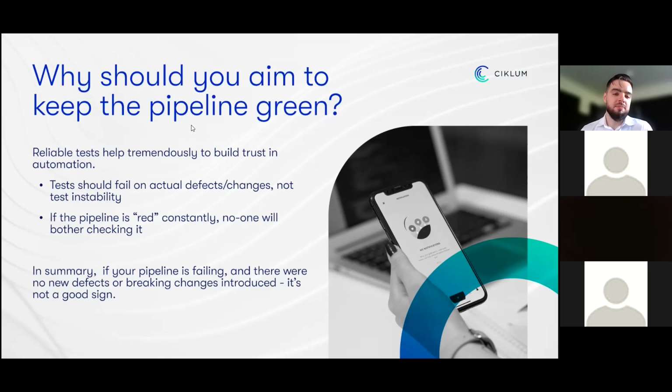And basically, the whole idea of automation starts making much less sense because it stops bringing you very fast feedback and people are not trusting it and they do not use it properly. So in summary, if your pipeline is failing and there are no new defects or breaking changes introduced, it's not a very good sign and you should really take it seriously and try to make it green as fast as possible. Of course, it should fail on actual defects and changes, but not for any other reasons.